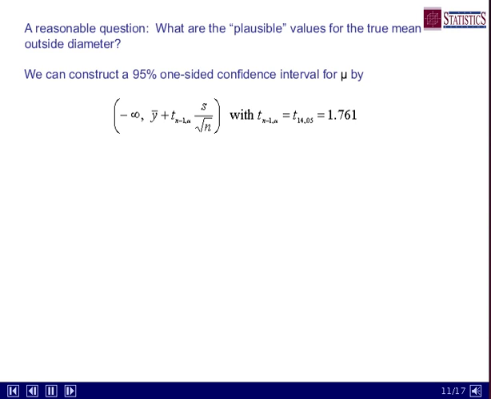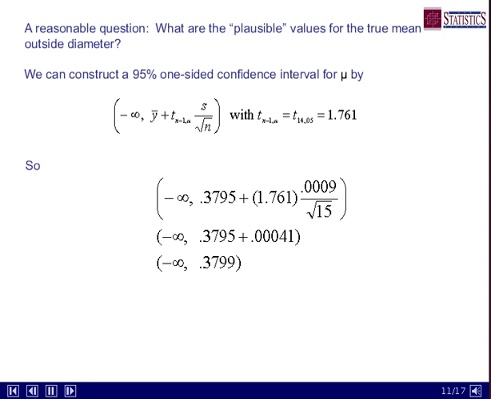Notice we do not necessarily need a lower bound in this case, because anything low is bad. So we just want to get that upper bound and see if that value is good enough or not. So we're just doing a one-sided interval, and we can write it as an interval by putting infinity in there.